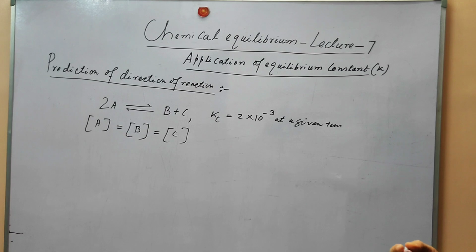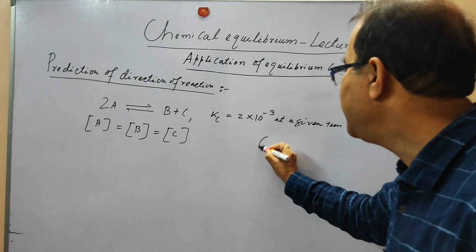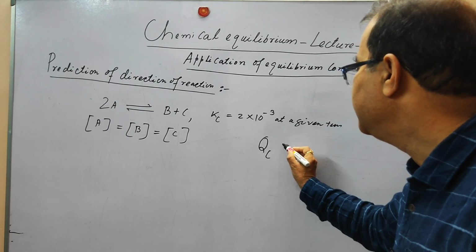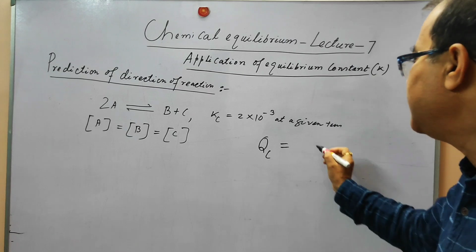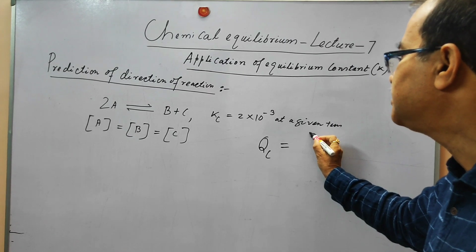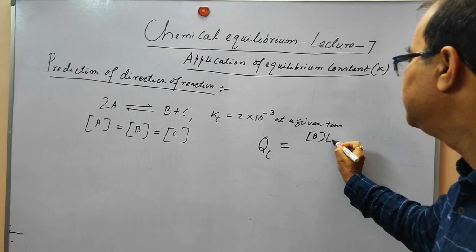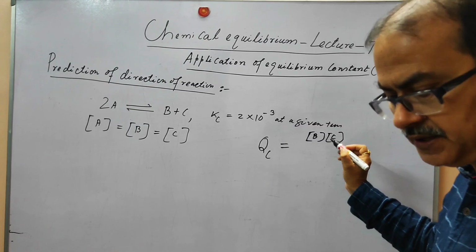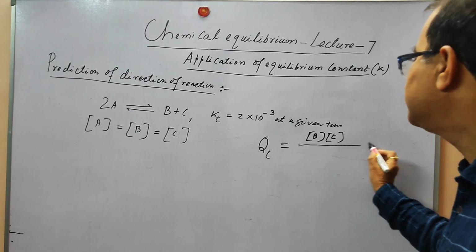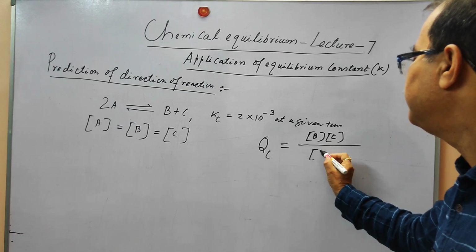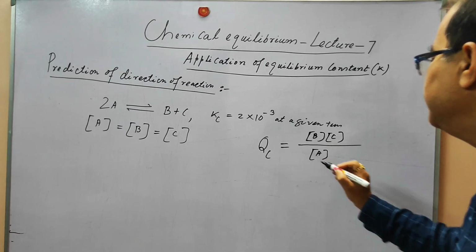So what we do for that, we have to calculate the reaction quotient Qc. You can see the concentration of the product in the numerator and the concentration of the reactant in the denominator.